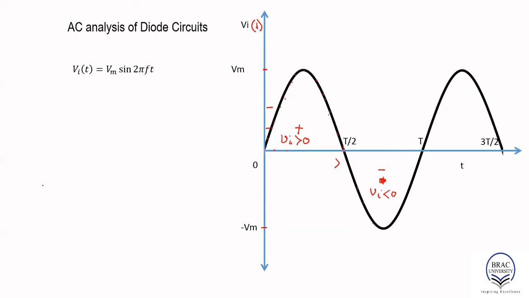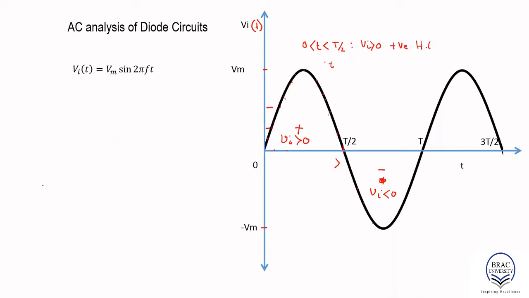For the sine wave, we consider only one time period, because it is enough for us to describe the signal, and the time period is T. So if t is greater than 0 and less than T by 2, we have Vi greater than 0, and we call it the positive half cycle.